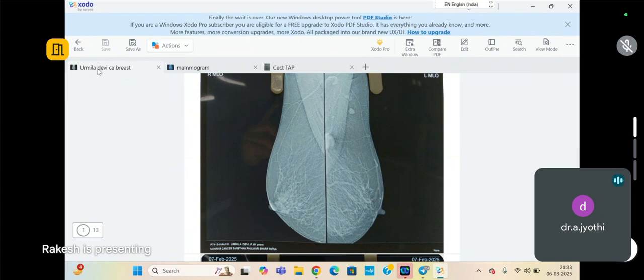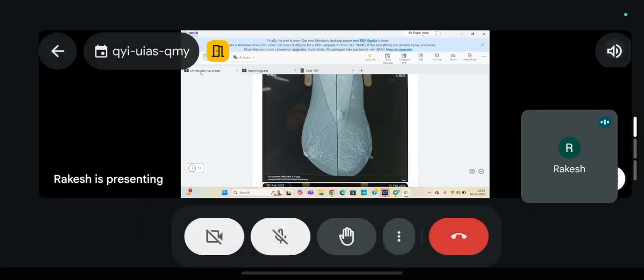You tell me the views. The views are mediolateral oblique view and craniocaudal view. Where do you place the film and where are the rays coming from in mediolateral oblique? In mediolateral oblique we project the rays from medial to lateral, and the film will be placed at the lateral side.